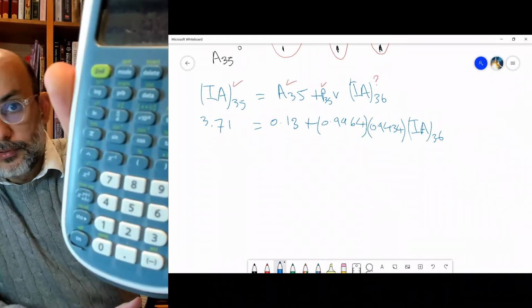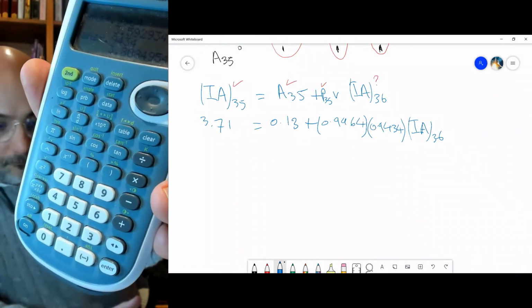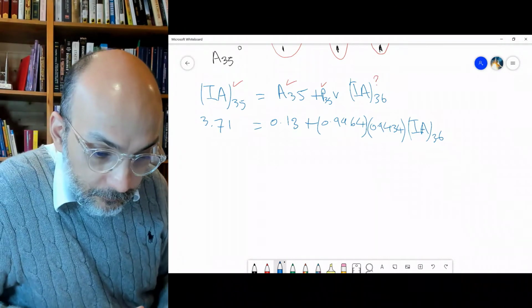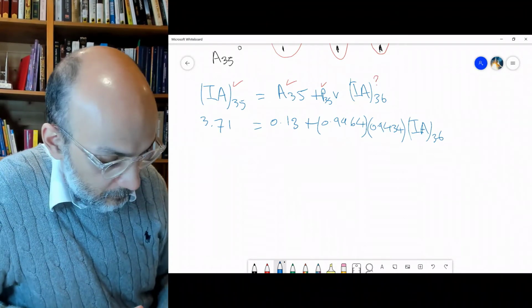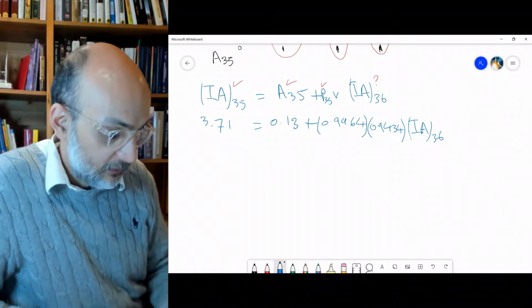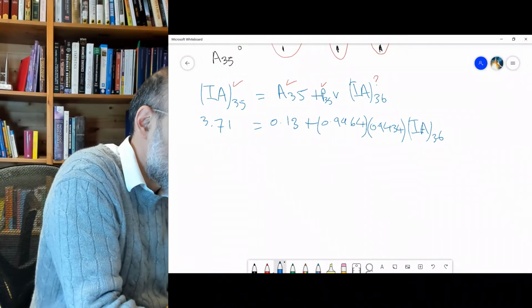I got this number. Hopefully I got it correct. 0.38085. Yeah.